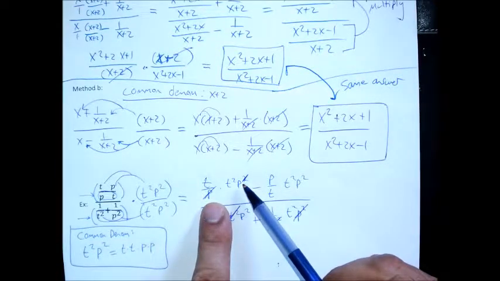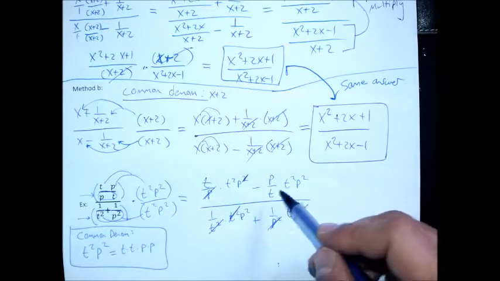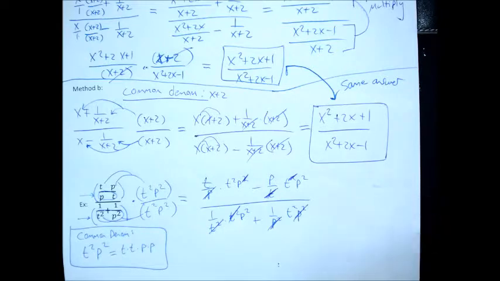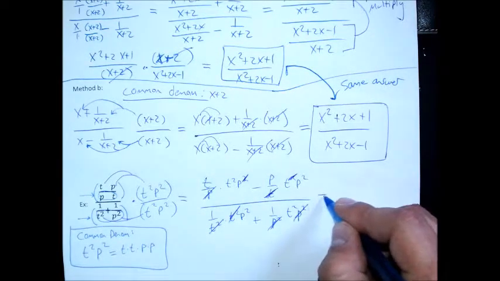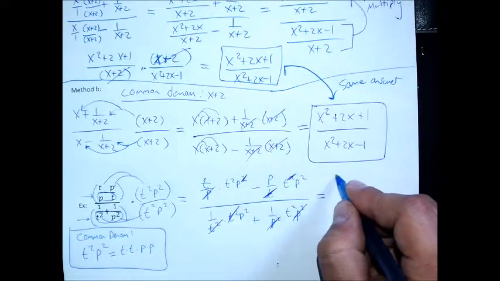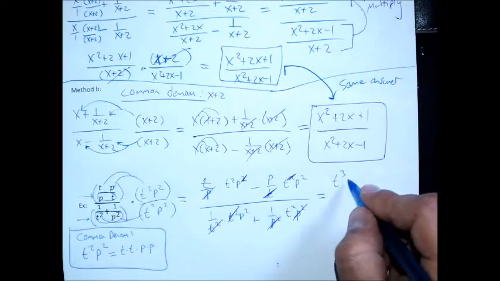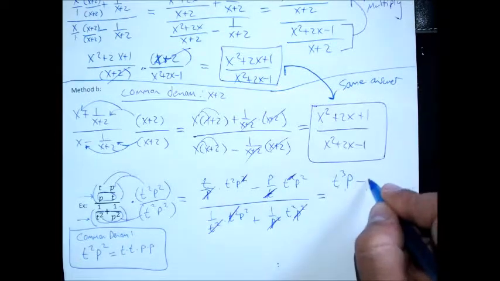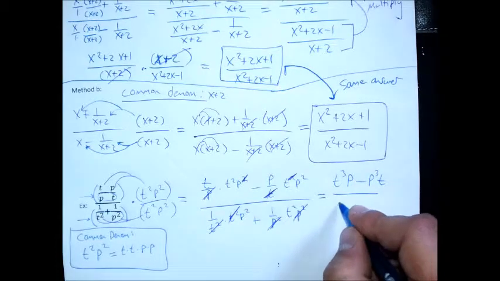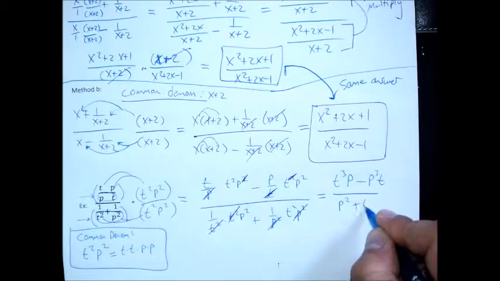We'll have a t squared p. And similarly the t cancels with one of those t's. And so our final answer is going to be t cubed p minus p cubed t, and in the bottom, we'll have p squared plus t squared left over.